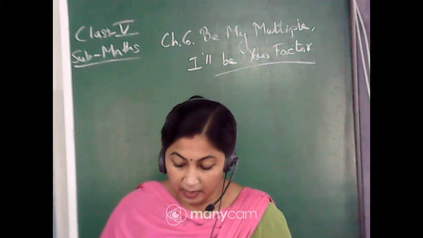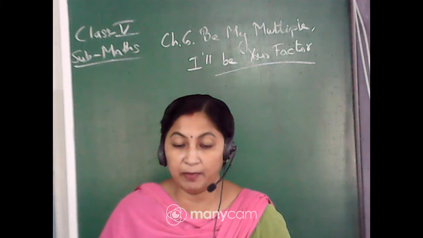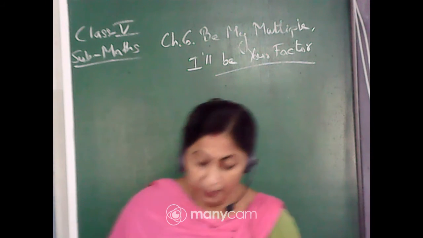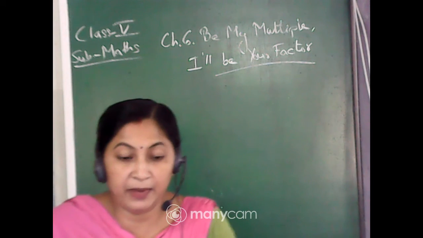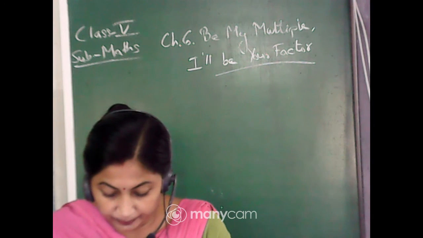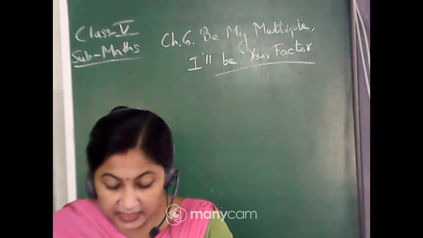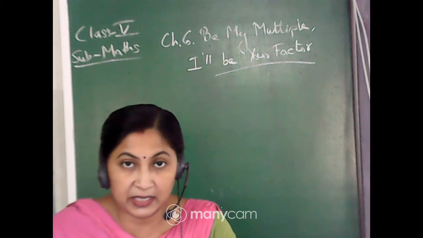Okay, come to page number 93. I think up to page number 92 we have already completed, isn't it? Come to page 93. In page 93 we were discussing the tamarind seeds, isn't it?